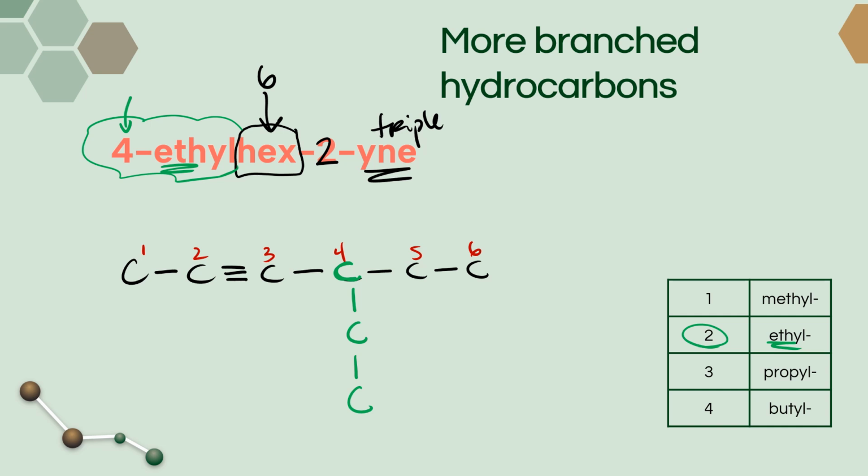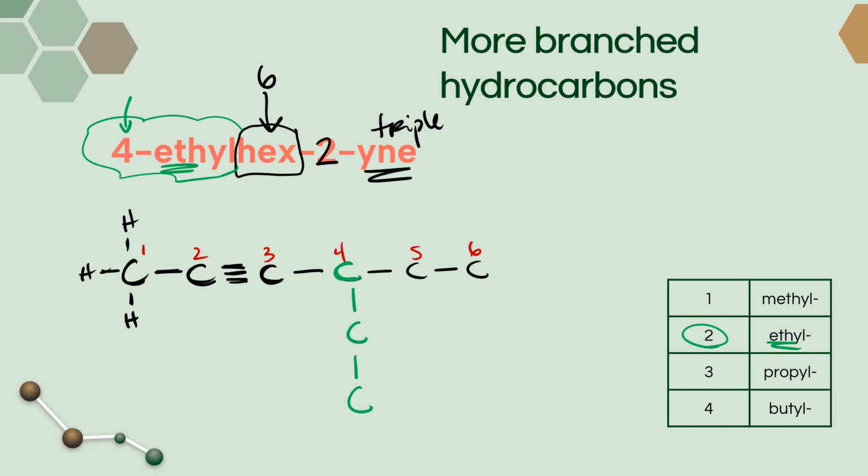And if I'm drawing my full structural or displayed formula, I'm going to show all of my hydrogens. So hydrogen, hydrogen, hydrogen, because this carbon needs 4 bonds to get to full octet. This carbon right now has 1, 2, 3, 4 bonds, no hydrogens for it.